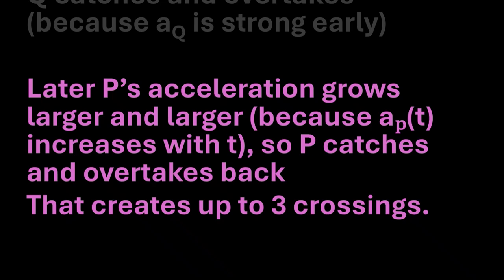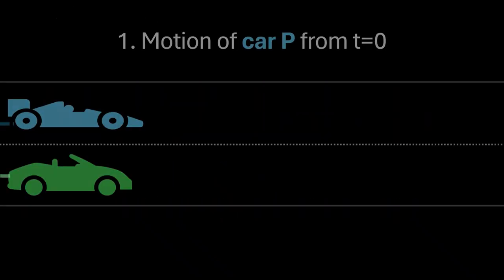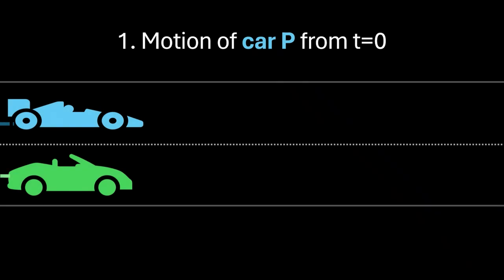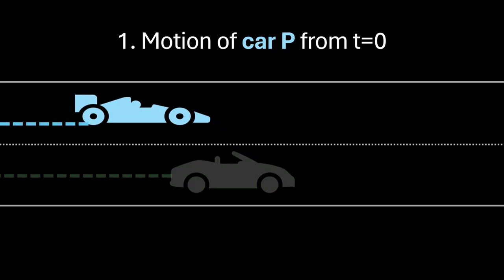Now, it is not the general case that it will create 3 crossings. We're just taking a random example here. So this is the motion.